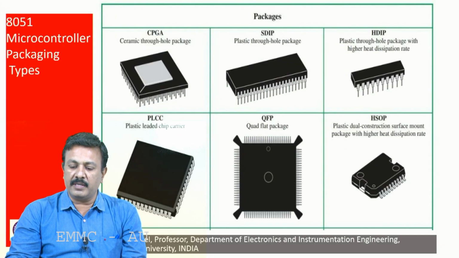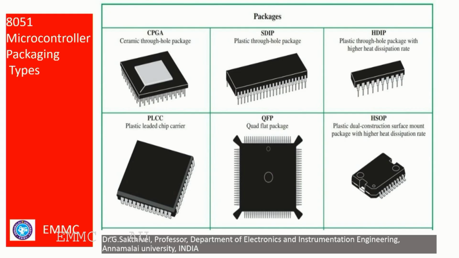Okay, so you can see these are the microcontroller package types. The same 8051 comes in different packages. You can see the ceramic through-hole package, that is CPGA. Next one, this is the SDIP, the plastic through-hole package. This is HDIP, plastic through-hole package with a higher heat dissipation rate.